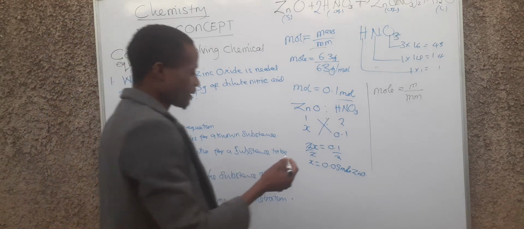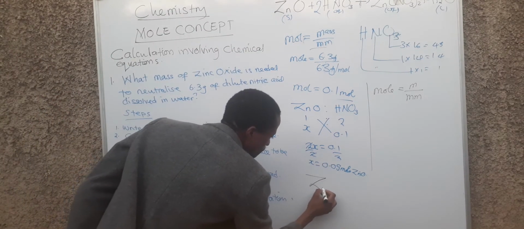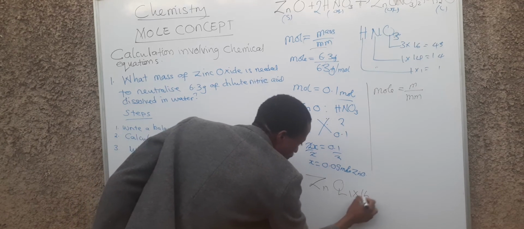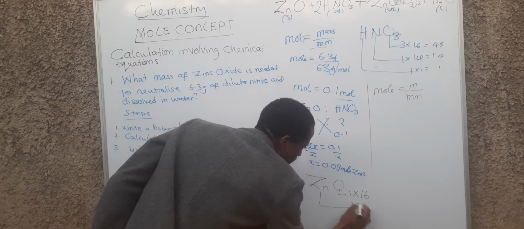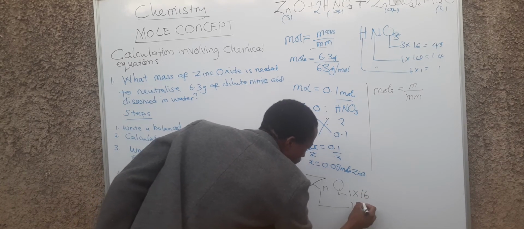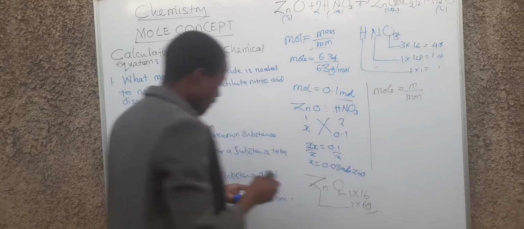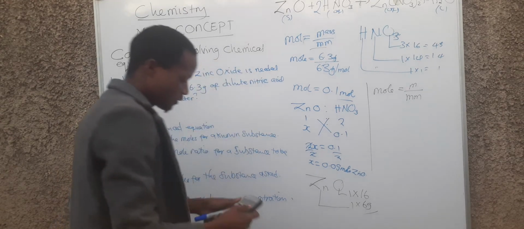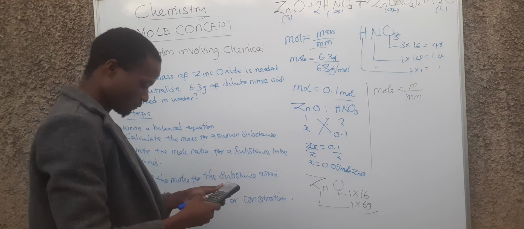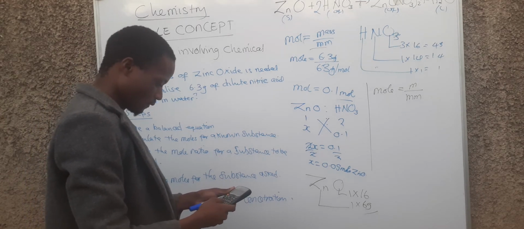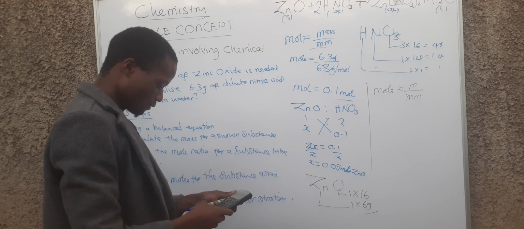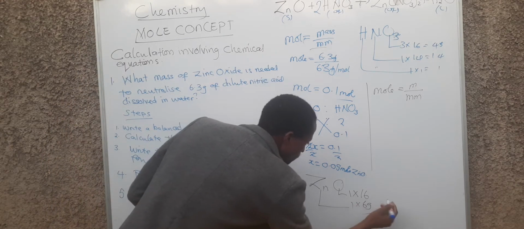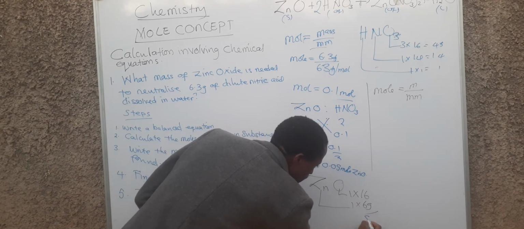So to find the molecular mass of zinc oxide, we have 1 atom of oxygen times the mass number 16. We have 1 atom of zinc times the mass number, which is 65. Now when you add these two numbers, 16 plus 65, you get 81. So the molecular mass of zinc oxide is 81.